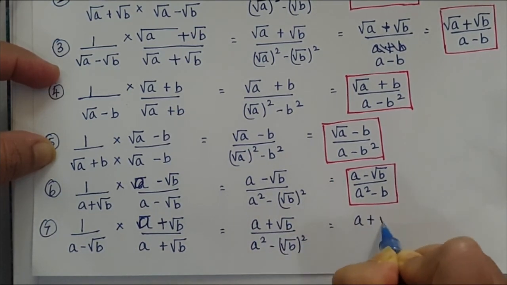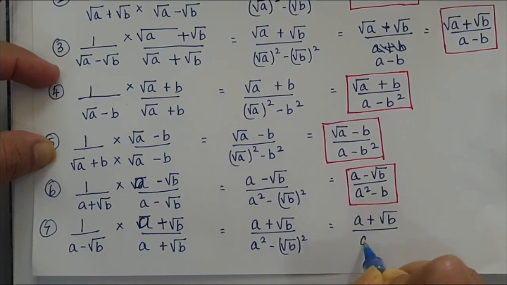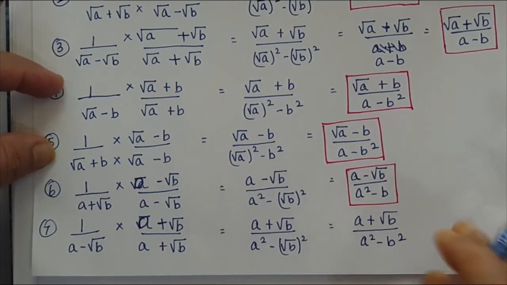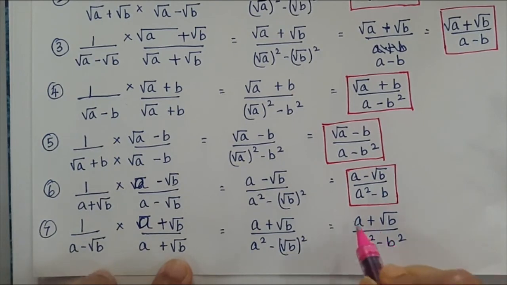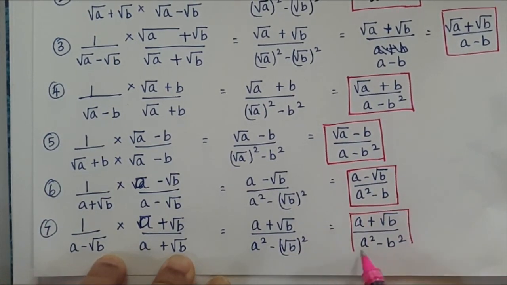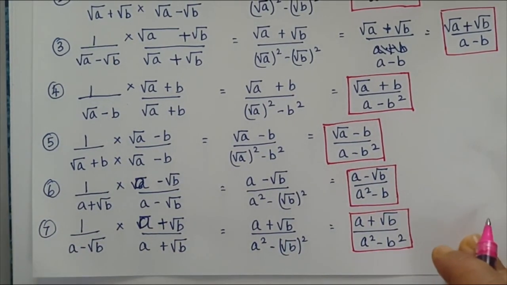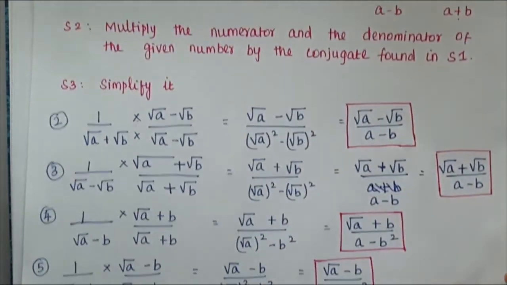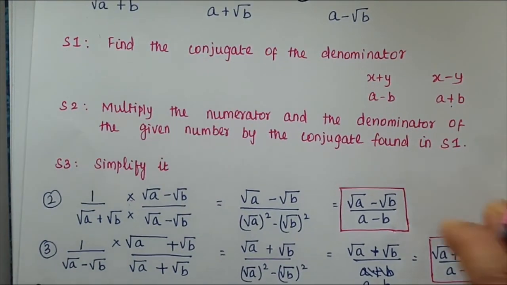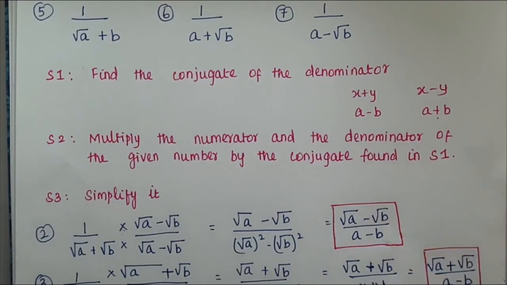So a plus square root of b by a square minus b. Got it? Hope it is clear.